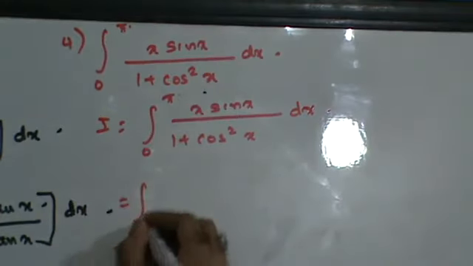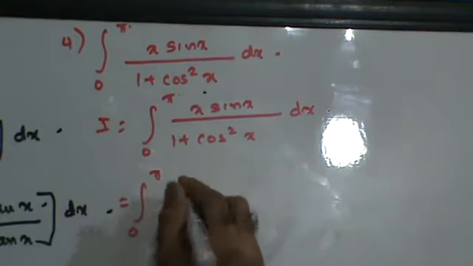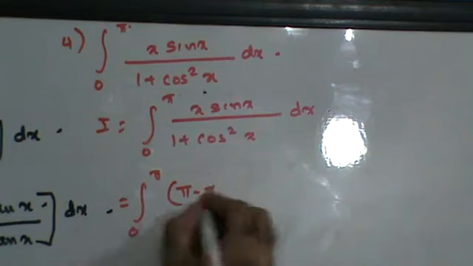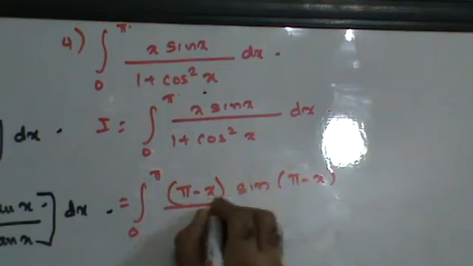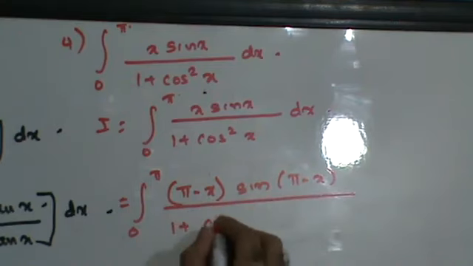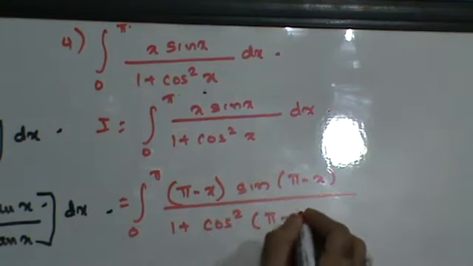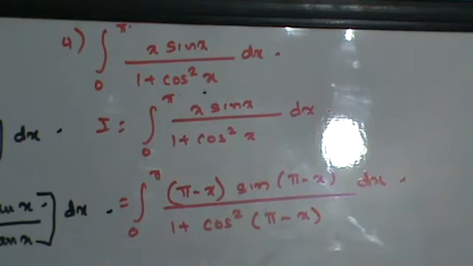This can be written as integral of 0 to pi of upper limit minus x, sin of upper limit minus x, upon 1 plus cos square of upper limit minus x, dx. I'm using the formula integral of 0 to a f of x dx is integral of 0 to a f of a minus x dx.